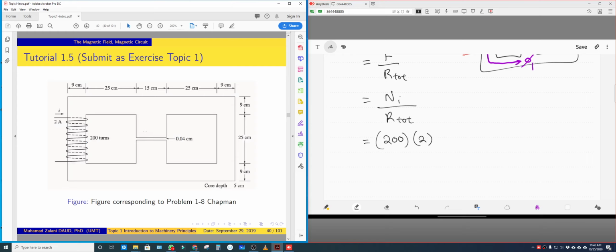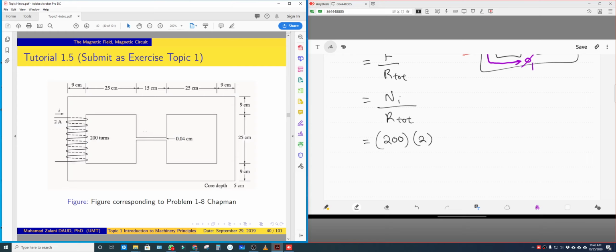Divided by the total reluctance 170,379. The answer is 0.00235 Weber. This is the flux for phi 1. Flux for phi 1 is no problem.